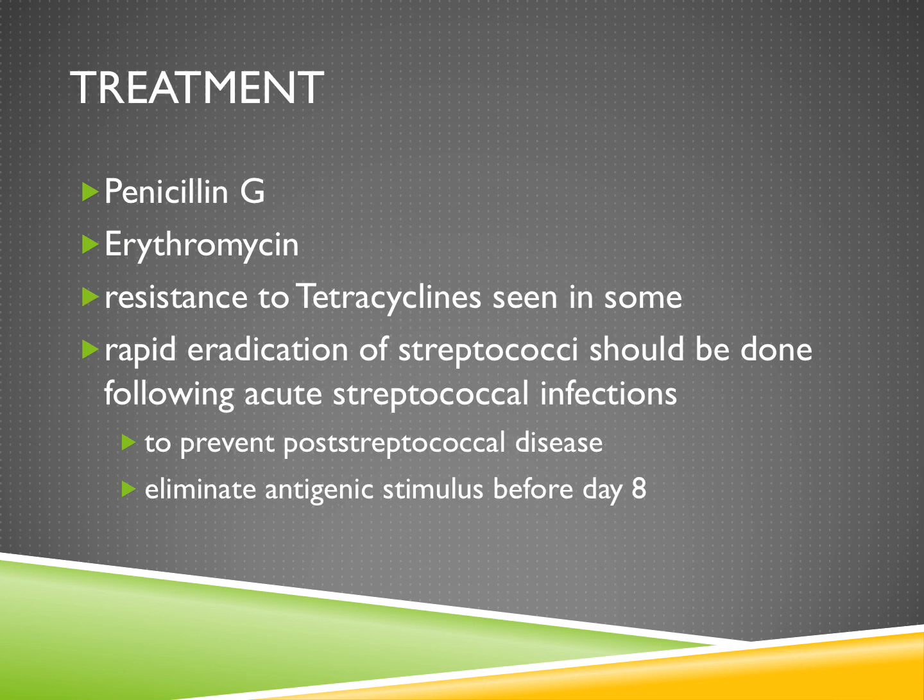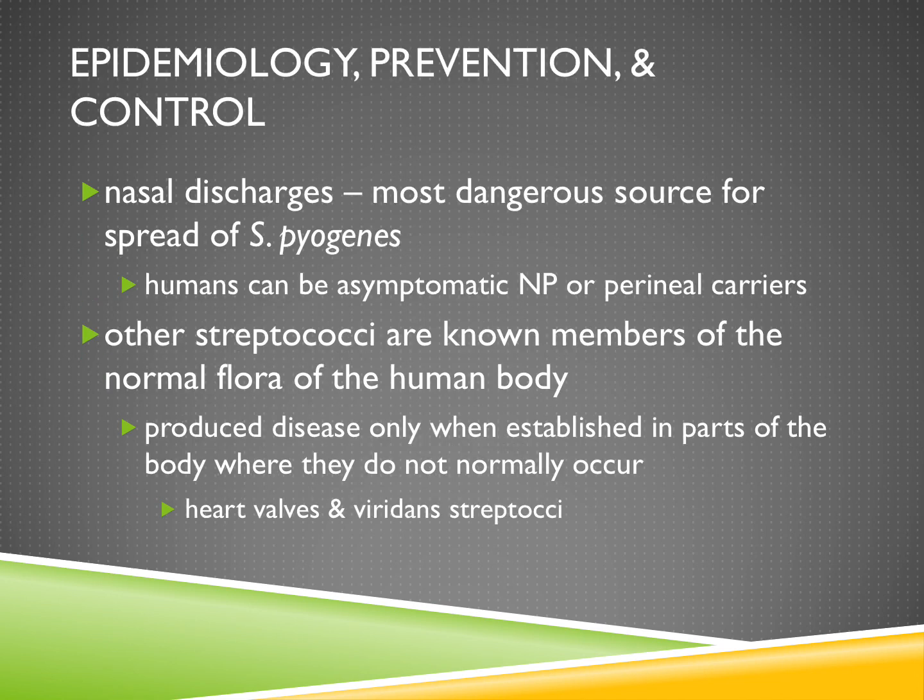Treatment of choice is penicillin G, and erythromycin is used if the patient is allergic to penicillin. Nasal discharges are the most dangerous source for the spread of strep pyogenes.